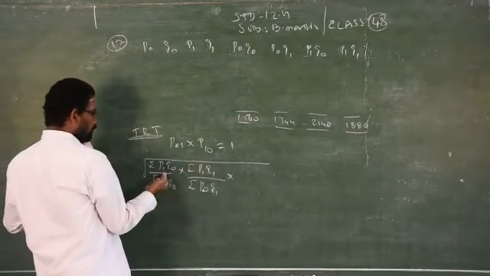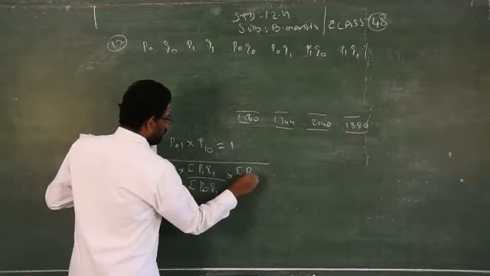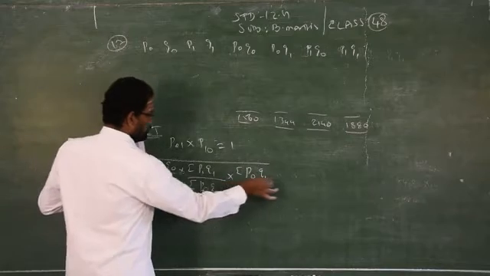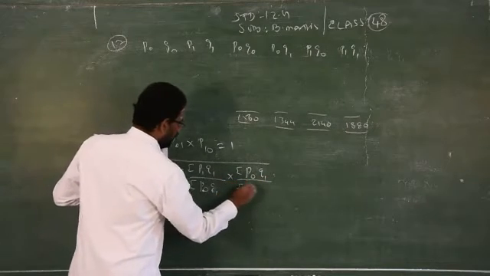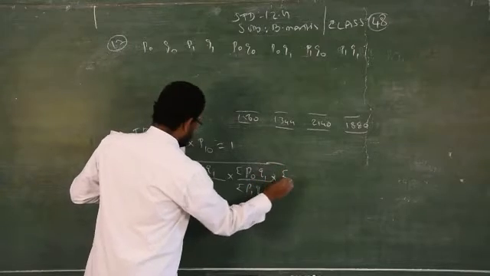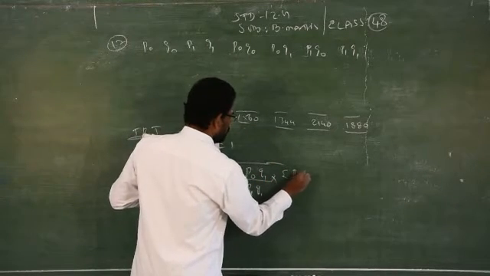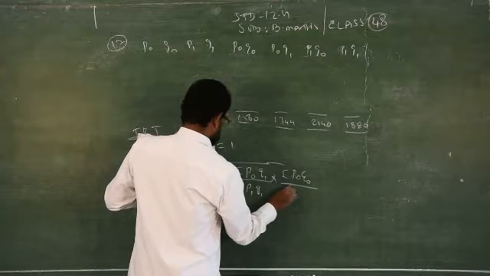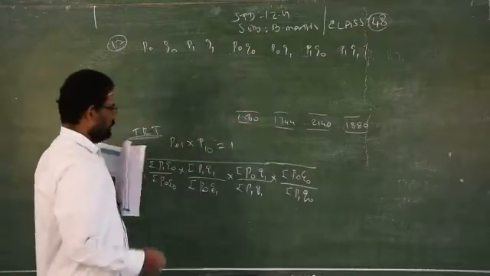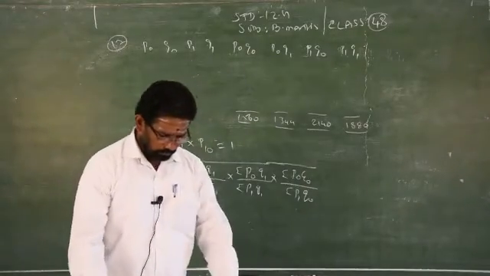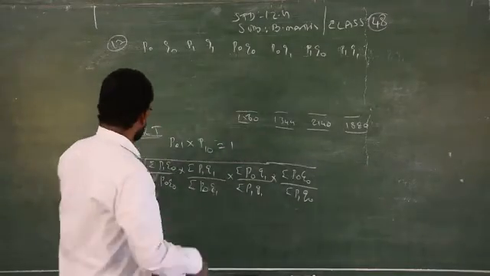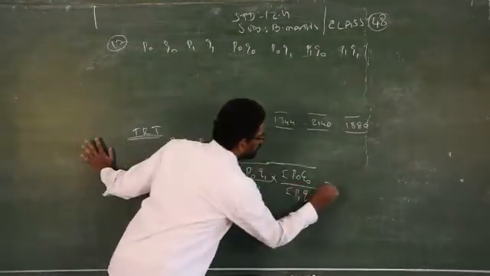How to find P10? You just have to interchange the subscripts: 0 becomes 1 and 1 becomes 0. That's all. So summation P1 Q1 by summation P0 Q0, and P1 Q0. Now you have to substitute all the values from the tabular column. You have to show that it is equal to 1.